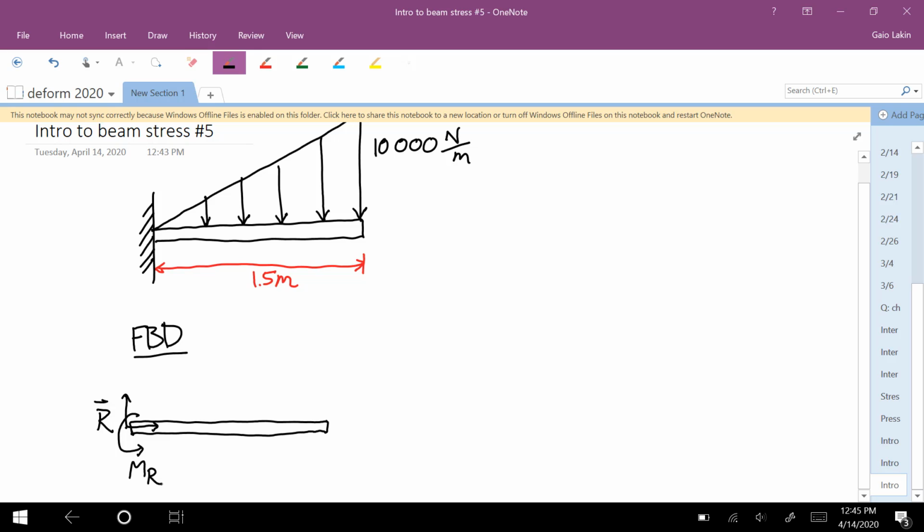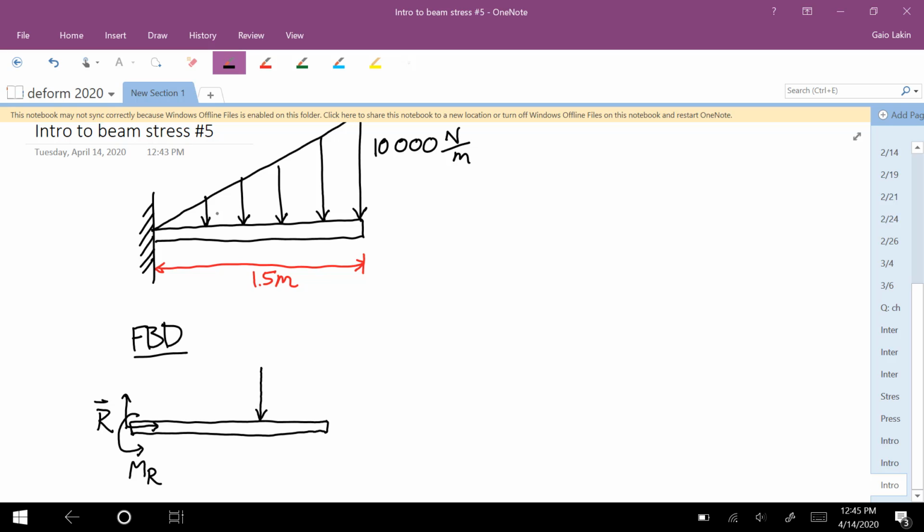And now that we've chosen the body to isolate, we've chosen that it's the whole thing, we know that the distributed load, if you treat it like a point force, is going to act 2/3 of the way from the point of the triangle to the wall side of the triangle.